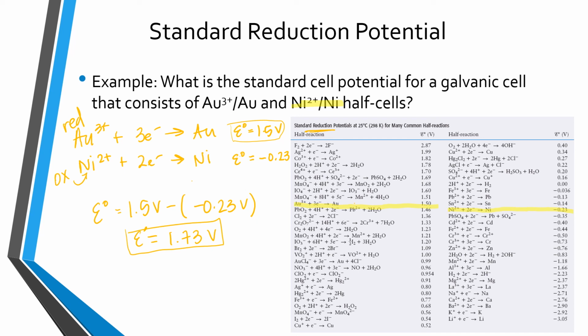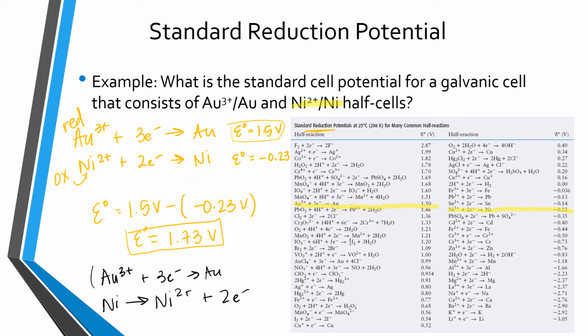Okay, now if it asks you to write the balanced equation, we of course have to flip. We got to flip the oxidation reaction because it is not the reduction, it's the lower potential, so it's going to be the one oxidized.